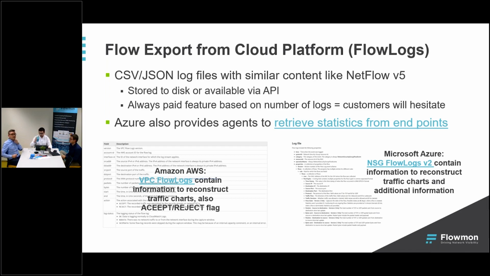You can see the accept or reject flag in AWS FlowLogs, but in Microsoft Azure, their first version of the FlowLogs was not usable for us because there were missing timestamps and others. So we are not able to reconstruct the 5 tuple with counters to show the graphs in time.